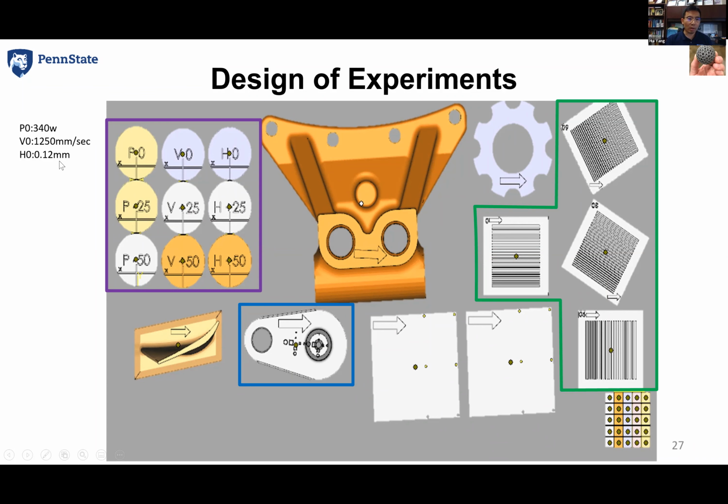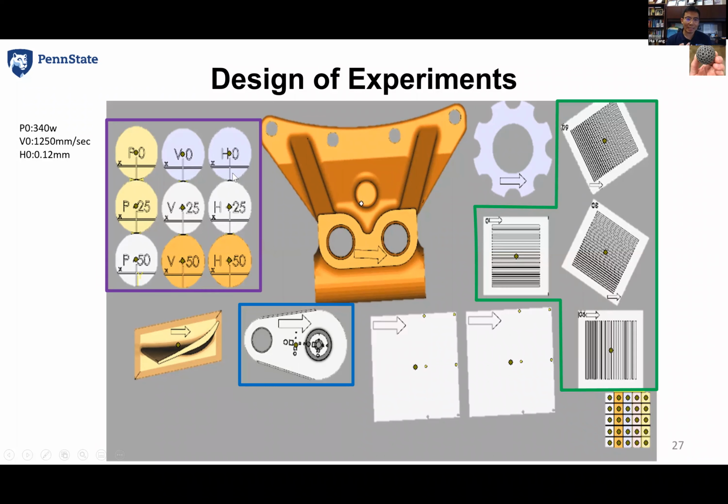For the cylindrical part, you see the power. The laser power at the zero level is 340 watts, but we vary it by 25% or 50%, reduced or above. And the scanning velocity, V0, we vary by minus or plus 25%, and plus or minus 50%.